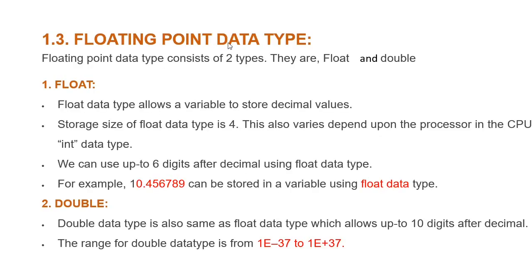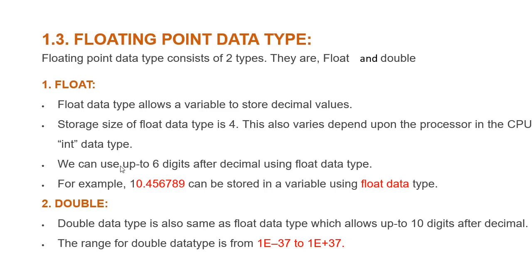Then floating point data types. This is another type of data type. What is float? The float data type allows a variable to store a decimal number. The storage size of the float data type is 4, which also varies depending upon the processor in the CPU, as with integer data types.